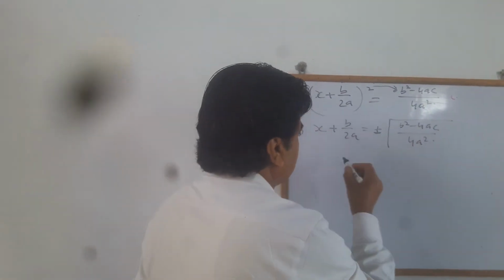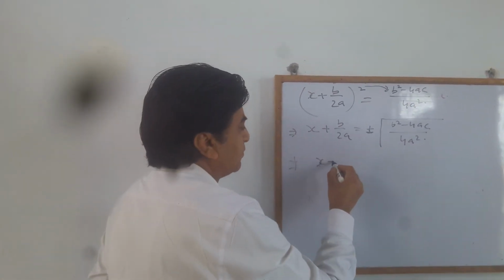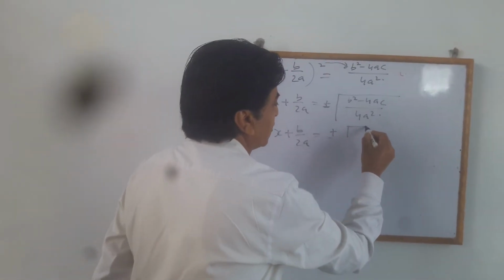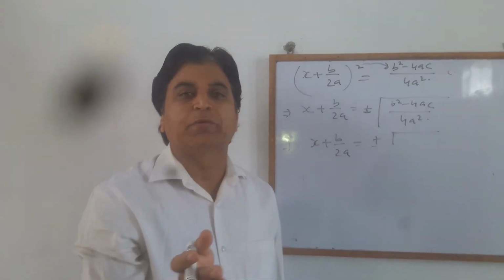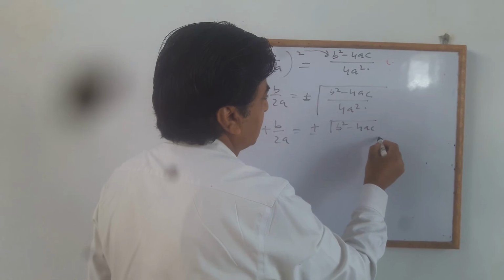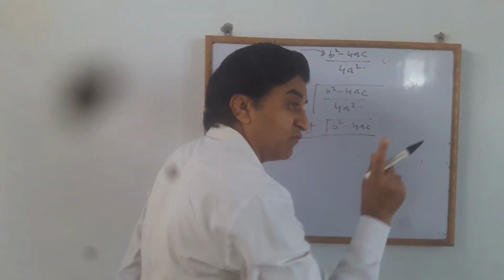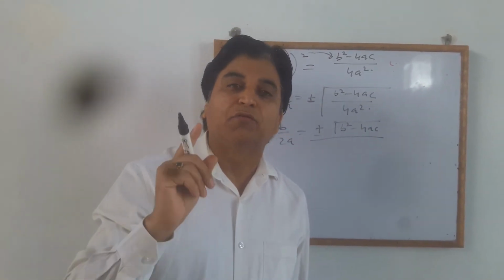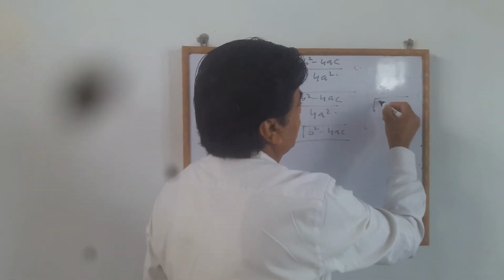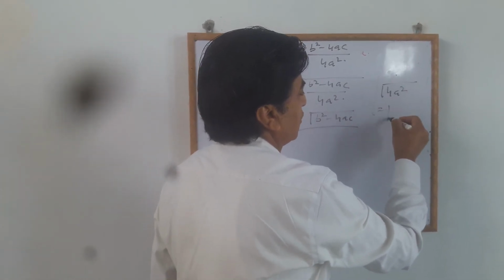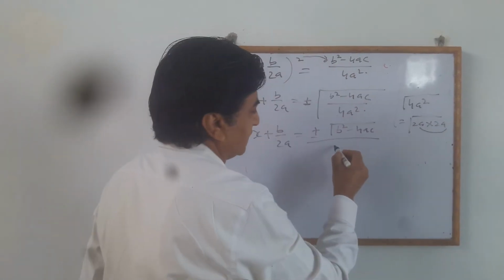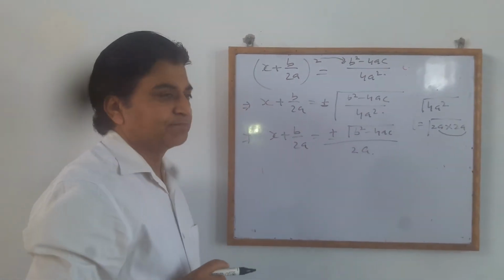Now let's separate the under root between numerator and denominator: b square minus 4ac upon, what is the under root of 4a square? Under root 4a square is equal to under root twice of a into twice of a. It means twice of a comes out of the root.